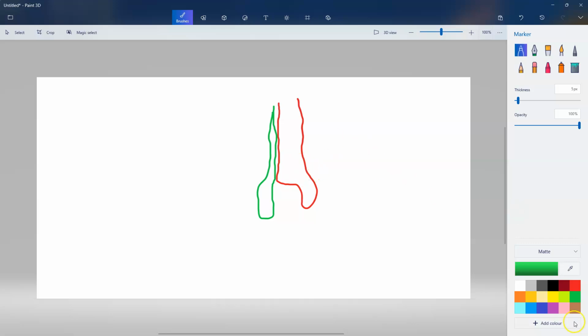Okay, so here is our tibia, and here is our fibula. You can see here we've got this big space between the two. So here is the lateral malleolus, and here is the medial malleolus and their associated bones.